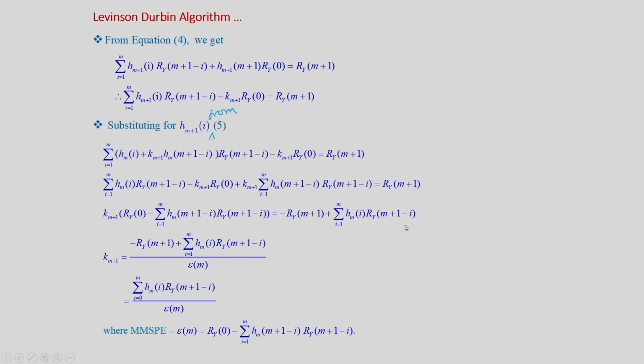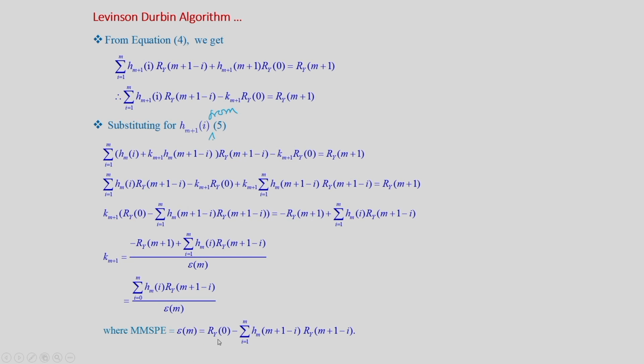So, from this expression we get k_{m+1} equals minus r_y(m+1) plus summation h_m(i) into r_y(m+1-i) going from 1 to m, divided by epsilon_m, where this epsilon_m is the MMSPE, the minimum mean square prediction error given by this expression.